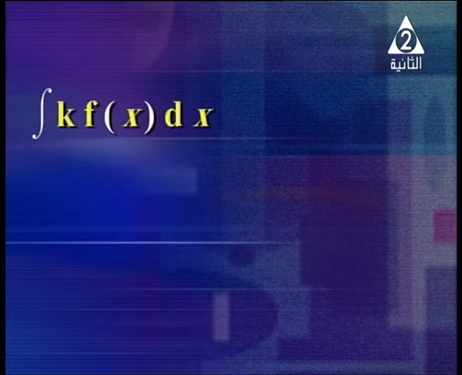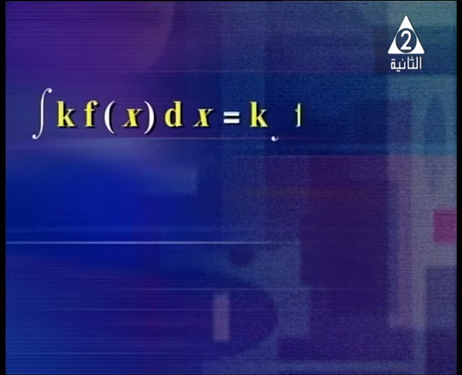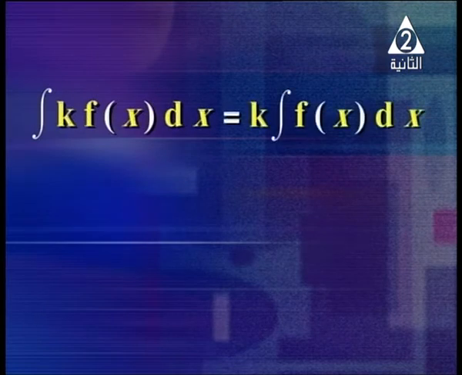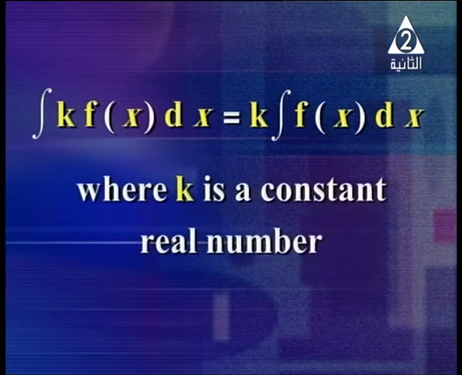Number two, integration of constant multiply f of x dx equals k multiply integration f of x dx, where k is a constant real number, not equal 0.